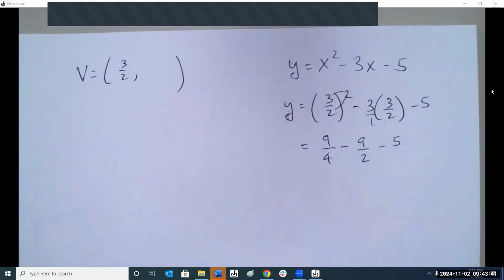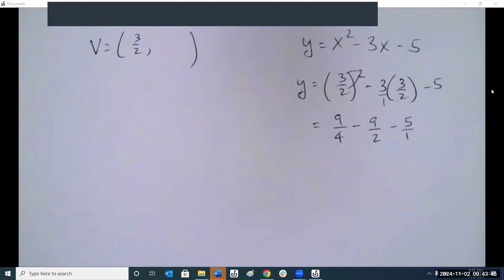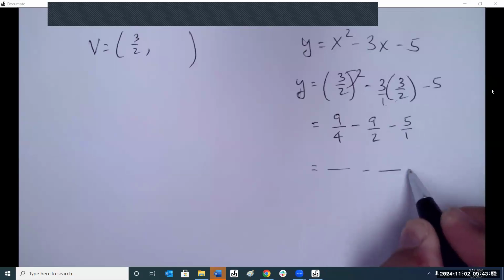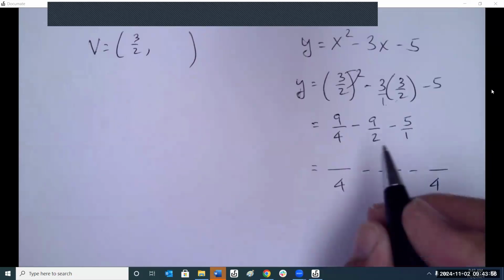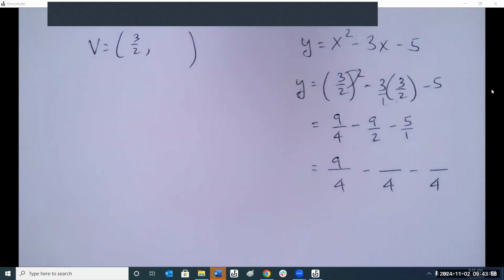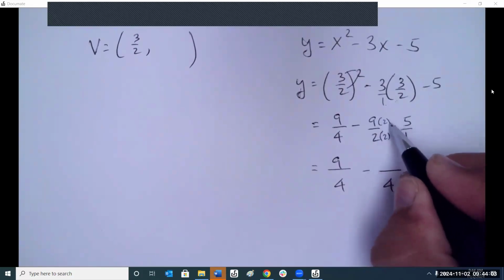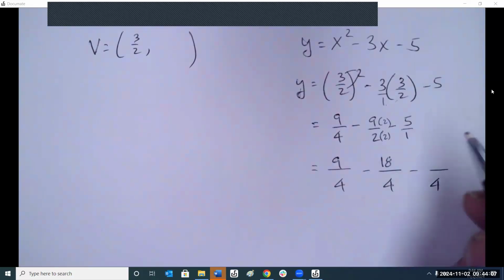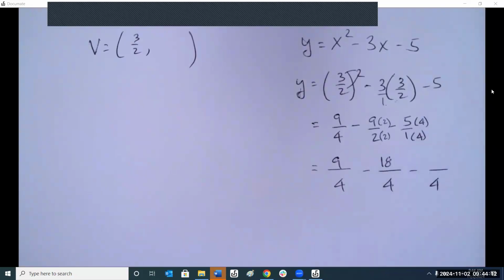Minus 5, which is 5 over 1. The common denominator is going to be 4. So leave the first one alone. I got to multiply the second one by 2, so it's 18 over 4, and the last one by 4.